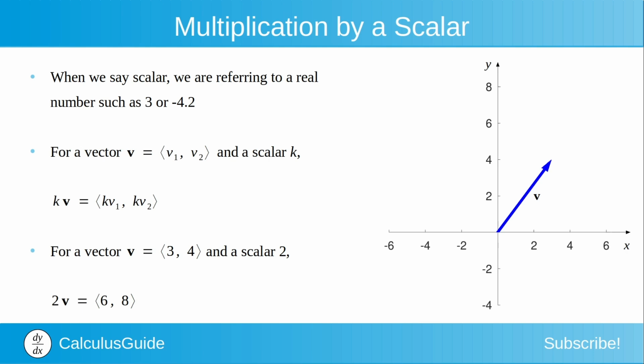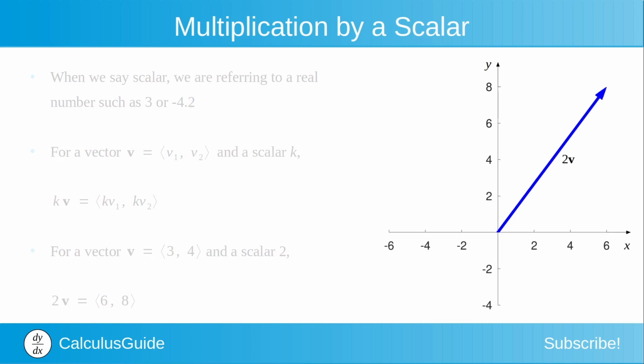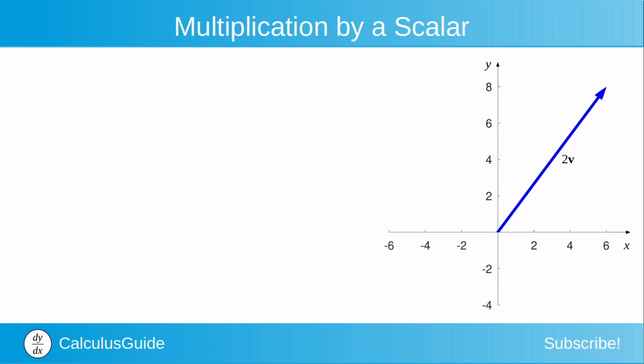So in component form, the vector 2v is equal to ⟨6, 8⟩. The vector 2v is now shown to the right. So we have so far that for a vector v equals ⟨3, 4⟩ and a scalar 2, the vector 2v is equal to ⟨6, 8⟩.